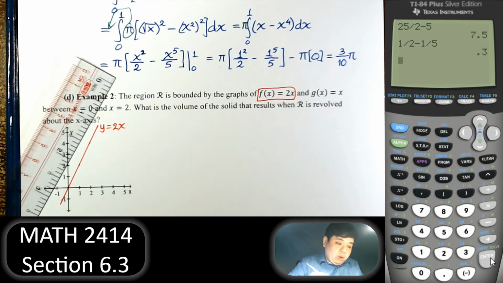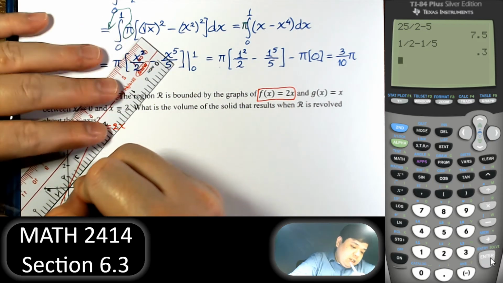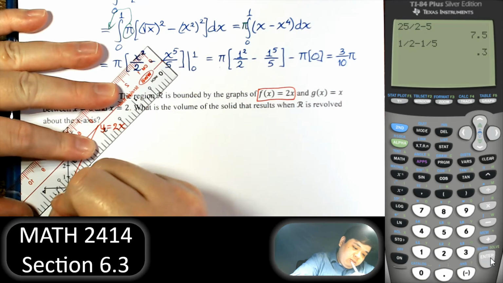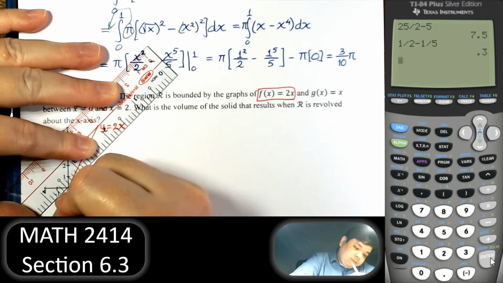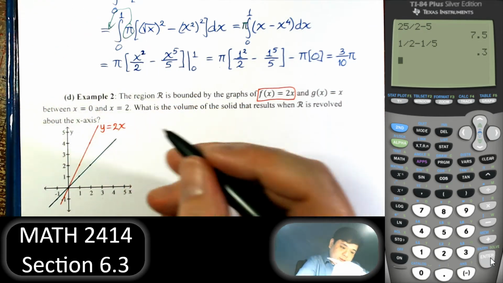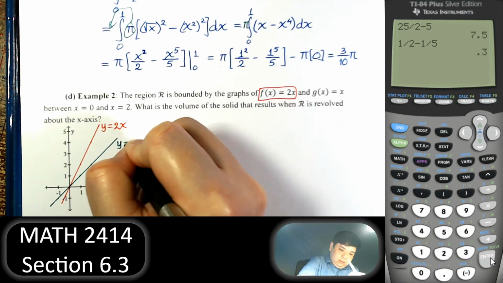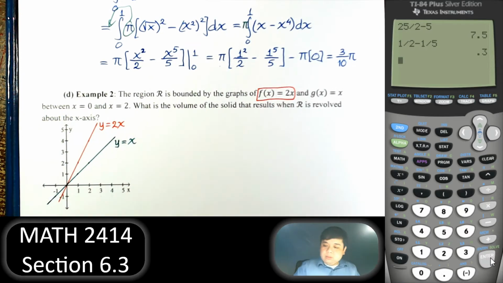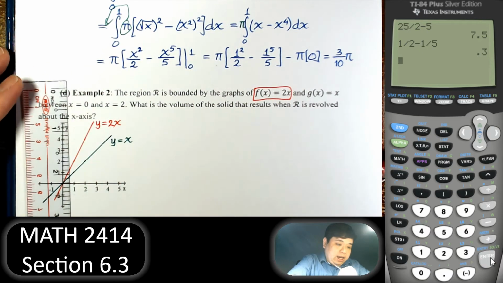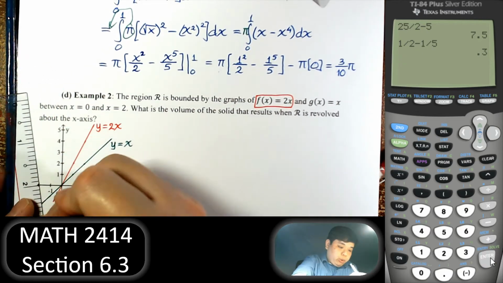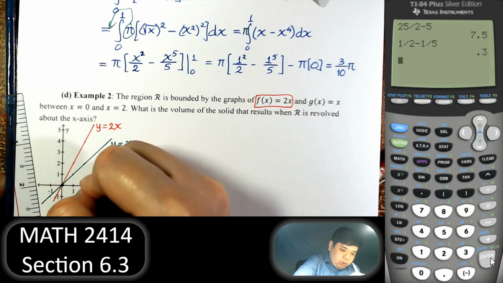And then g of x equal to x. Both of them are linear functions. And we go from 0 to 2. From 0 to 2.